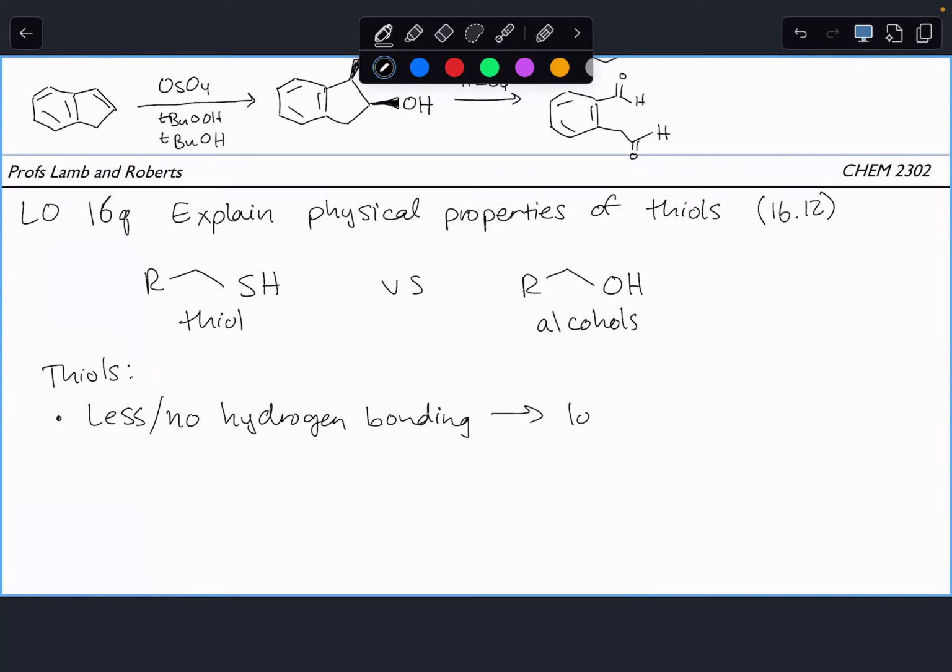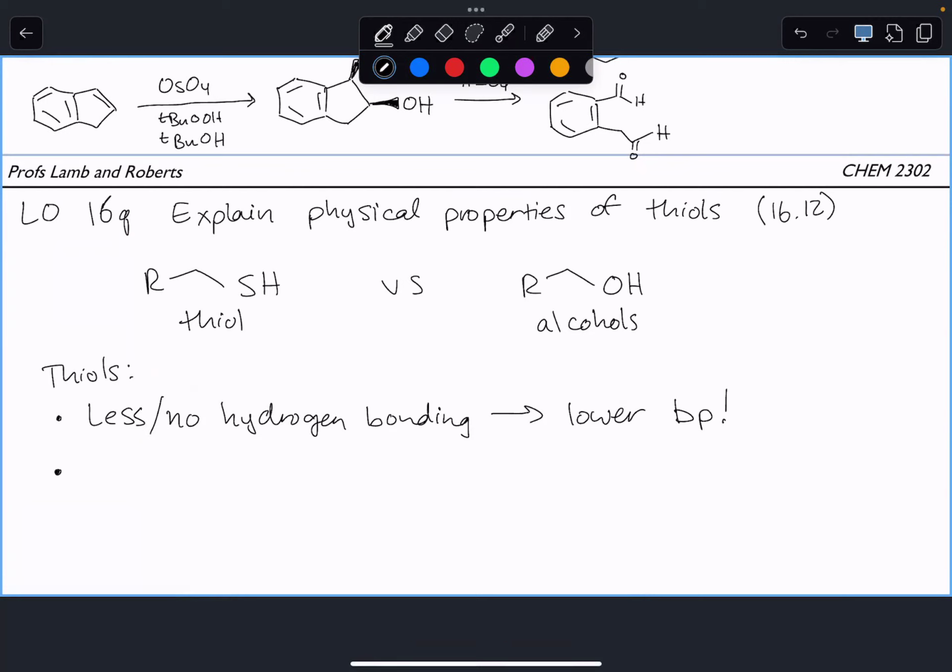Therefore, it's going to have a lower boiling point. Remember, boiling points are affected by the intermolecular forces. Alcohols have hydrogen bonding, such that their boiling points tend to be a little bit higher. Thiols don't really have hydrogen bonding, or if they do, it's very, very weak. So they have much lower boiling points.